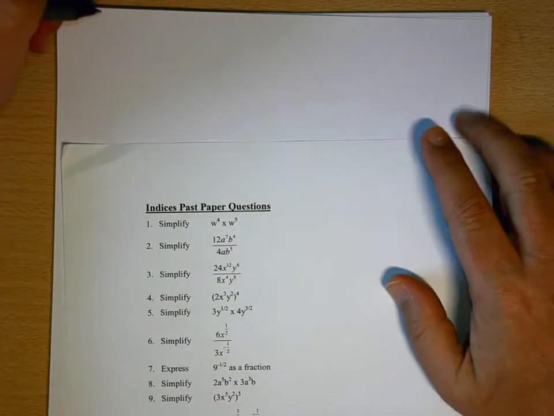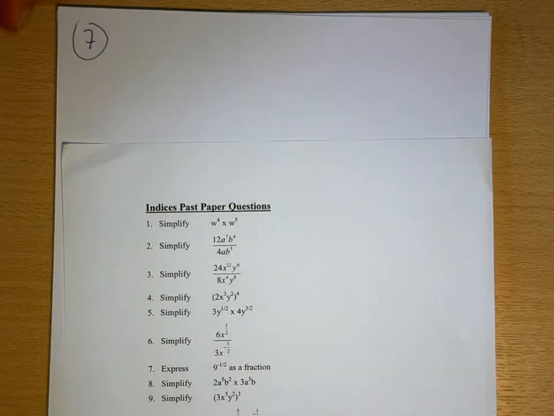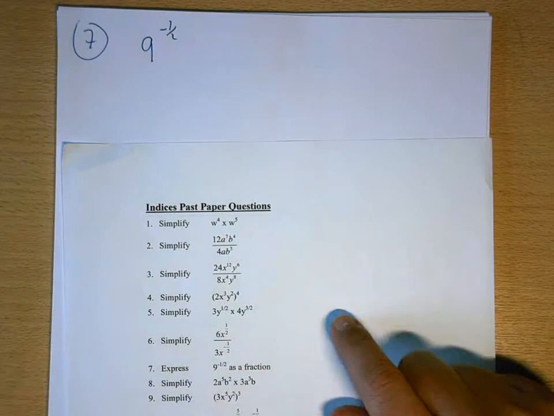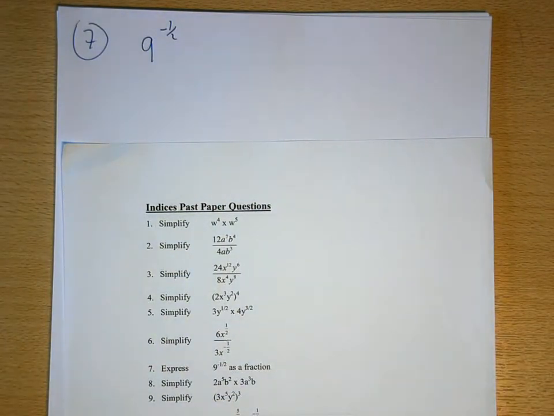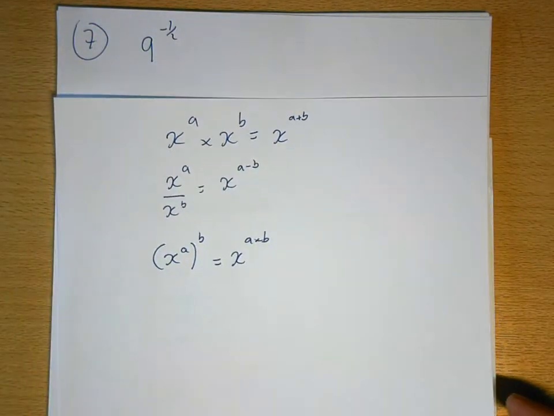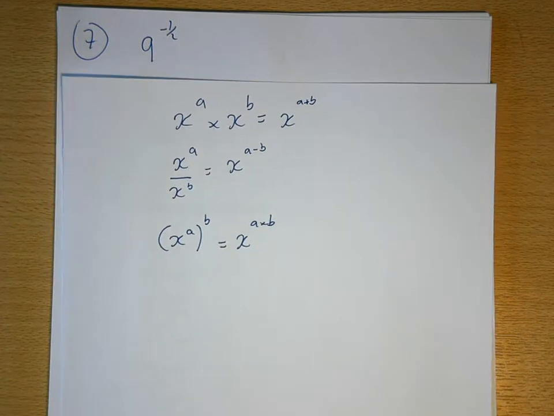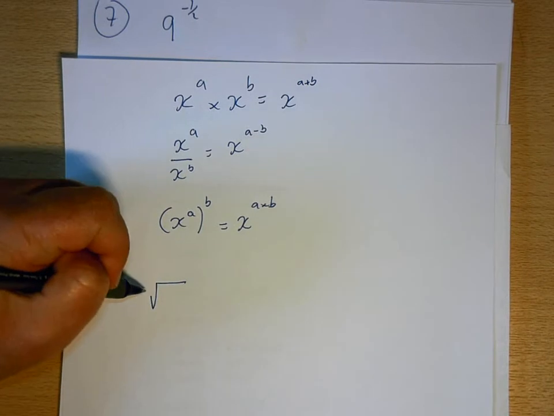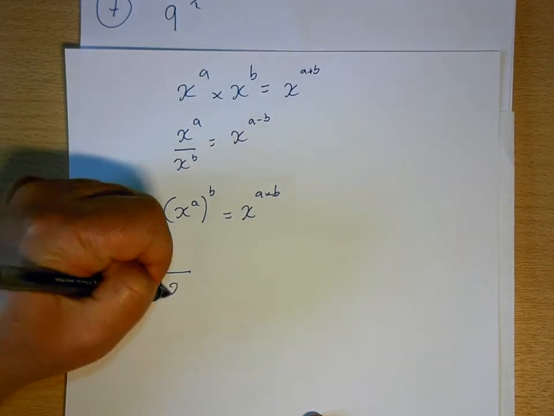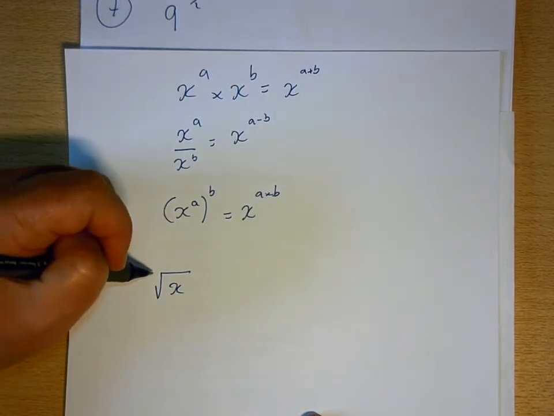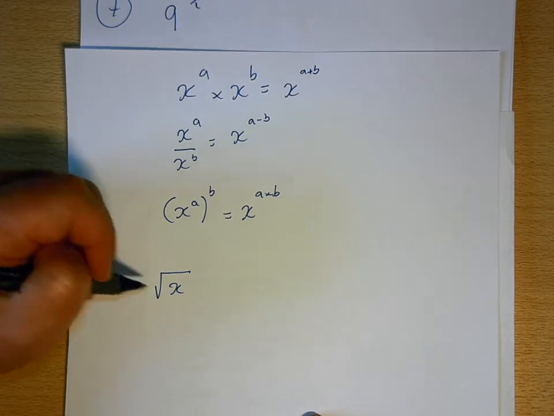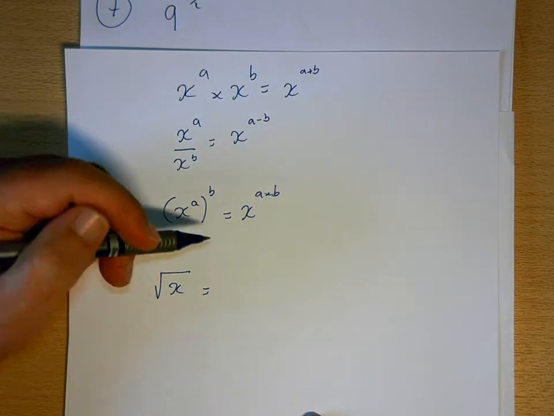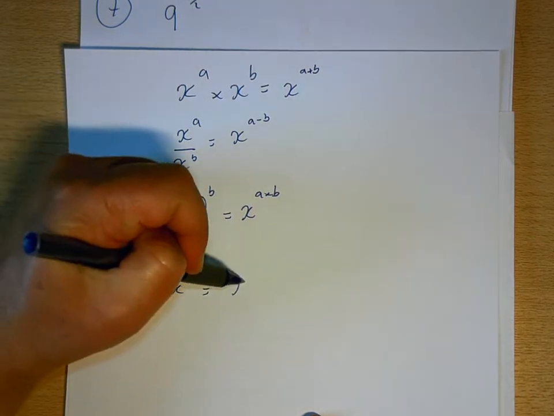Number 7. Express 9 to the minus a half as a fraction. Okay, so the next couple of laws that we need to deal with here are if you've got roots. If you've got a square root, for example, which is the one that you're most familiar with, it hasn't got a little 2 outside, but you could write the little 2 there, then to turn that into index form, into a power, then it would be a fraction.